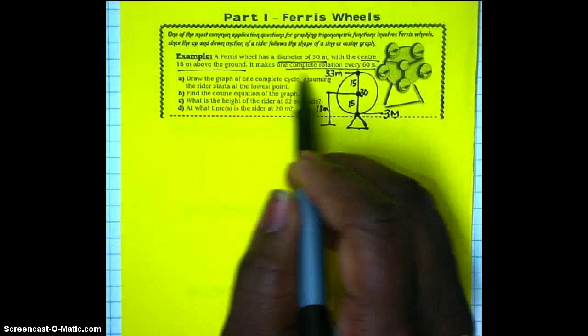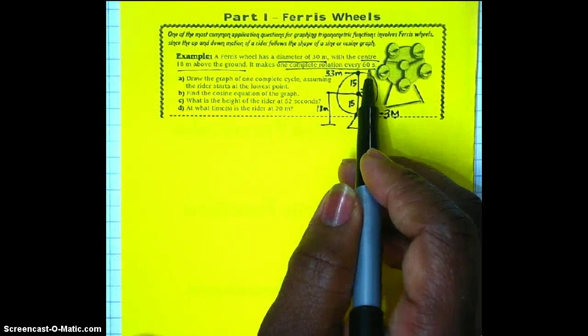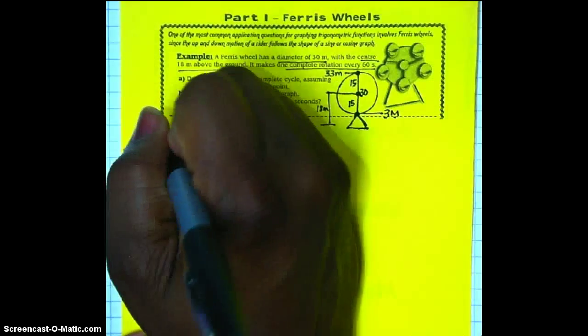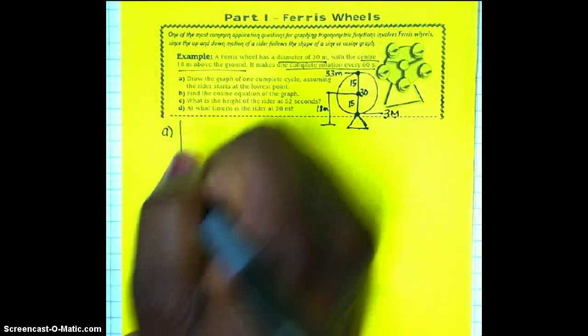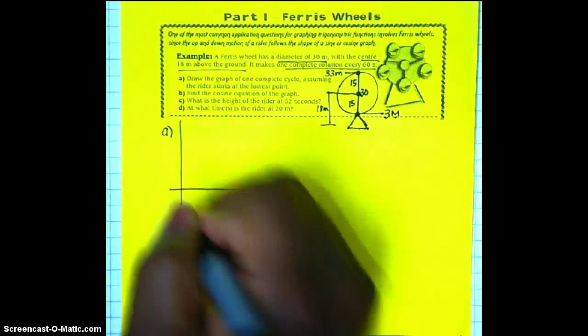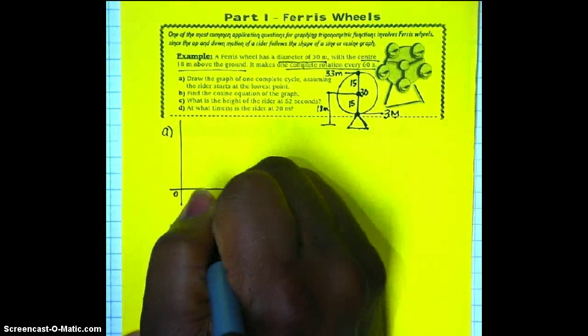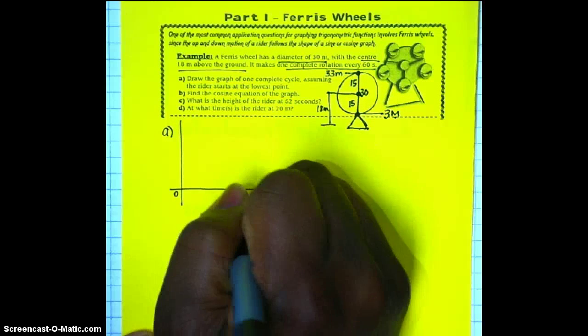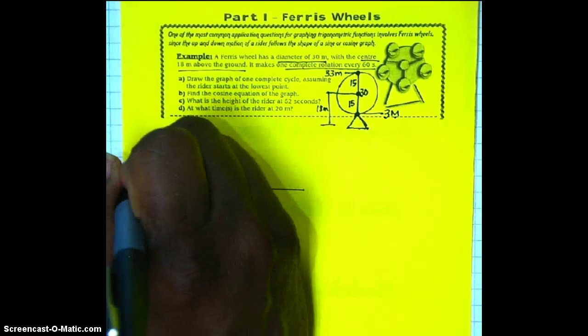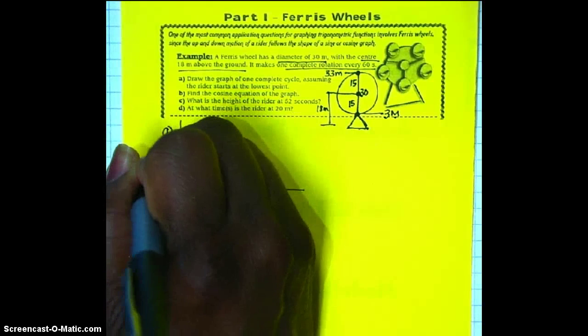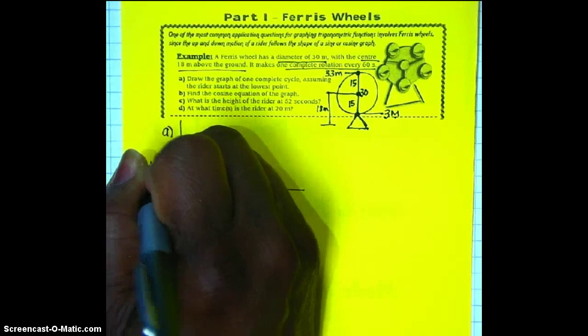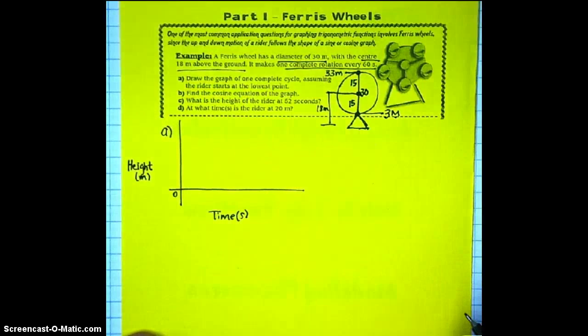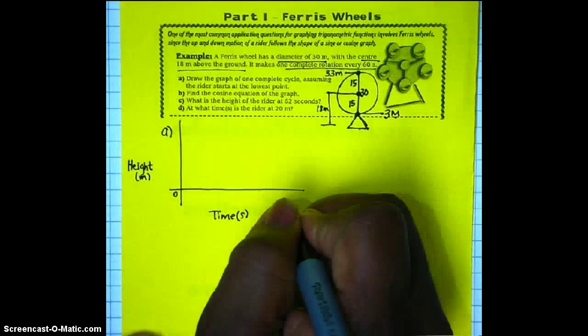Now we're going to use the idea that we make one complete rotation every 60 seconds to draw this graph. So for part A, first I'm going to set up my scale. The horizontal axis is going to be our time in seconds. The vertical axis is going to be our height in meters. I'm going to scale the horizontal axis by 10s to 60.